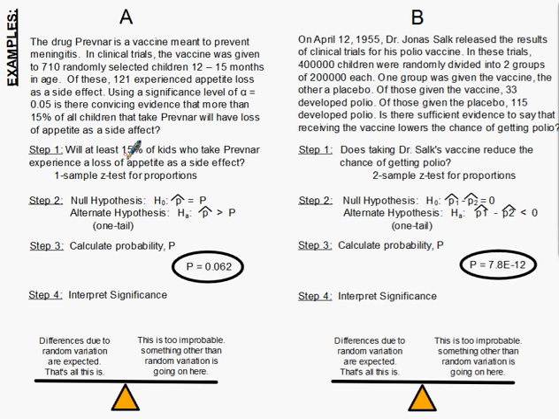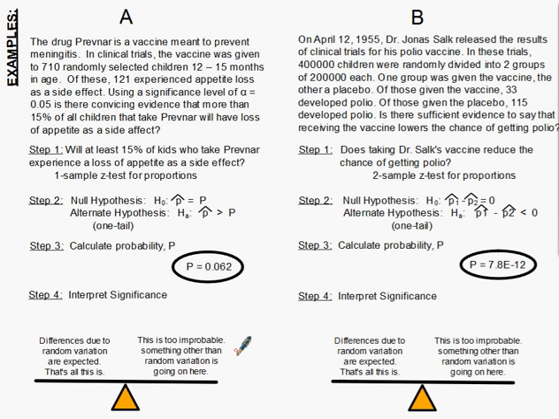We have 15%, and 121 out of 710 was 17%. Well, is that 17% just due to expected normal random variation, or is it truly different? The other side is that this is too improbable and that there is something different, something non-random going on here.